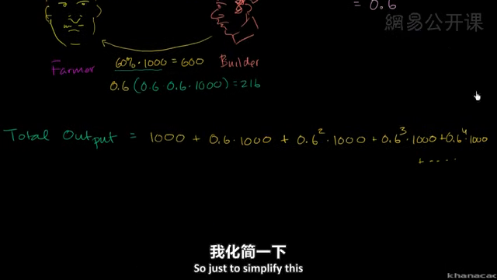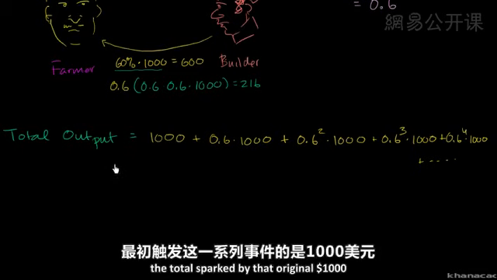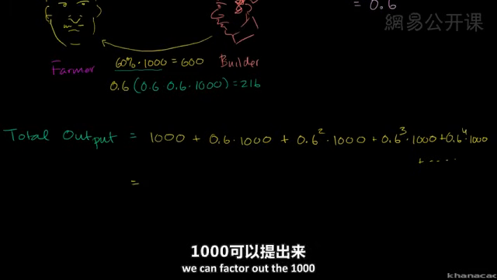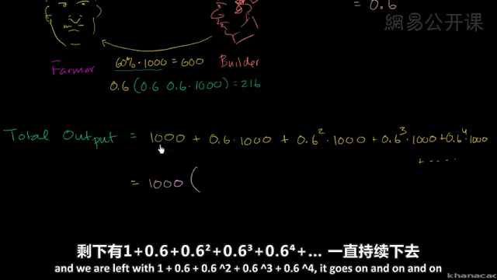So just to simplify this, the total output sparked by that original $1,000, we can factor out the 1,000. I'll do this in a new color. We are left with 1 plus 0.6 plus 0.6 squared plus 0.6 to the third power plus 0.6 to the fourth power, and it goes on and on and on.